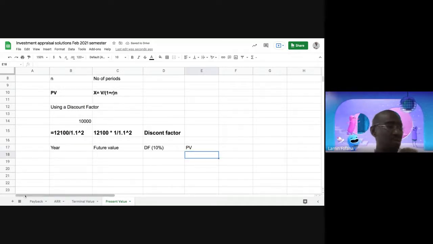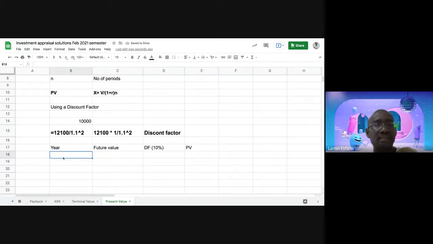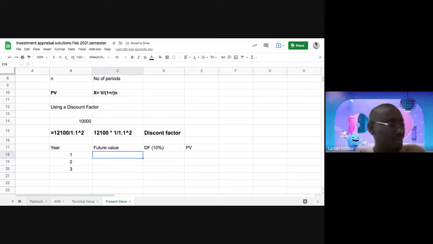Okay, so year 1, year 2. I'm going to use the 2 and drag it to get my 3, and then I'll align it to the center. Okay, so what's the future value for year 1? 11,000. 11,000, excellent.